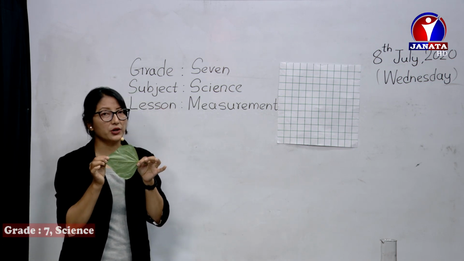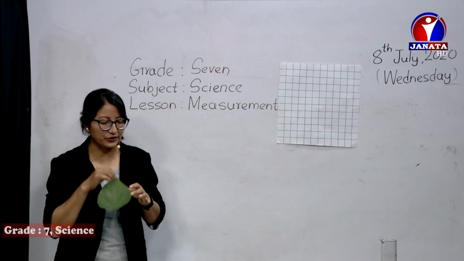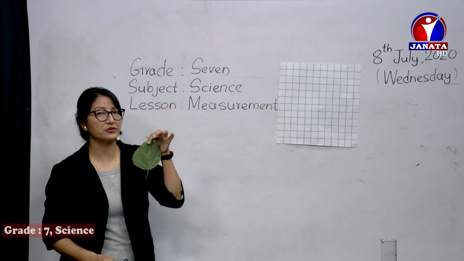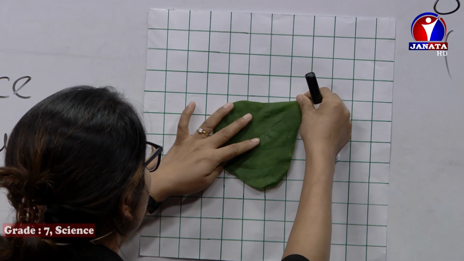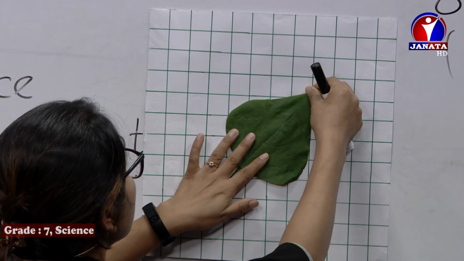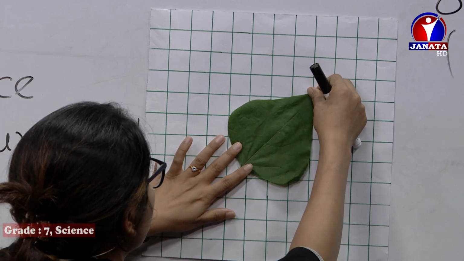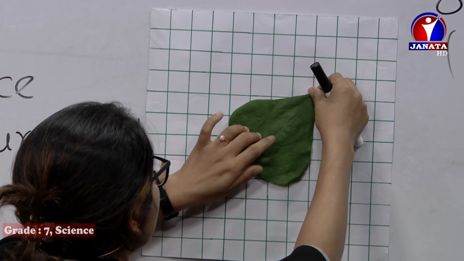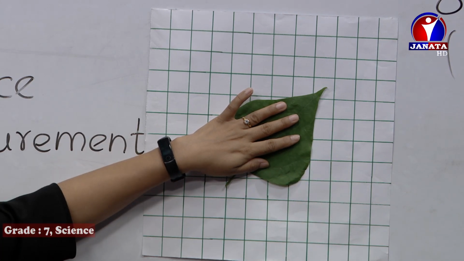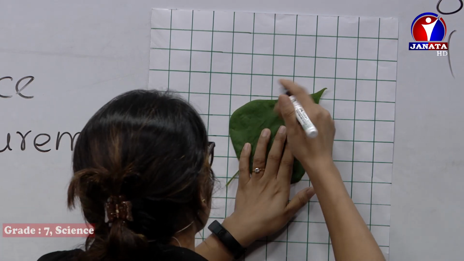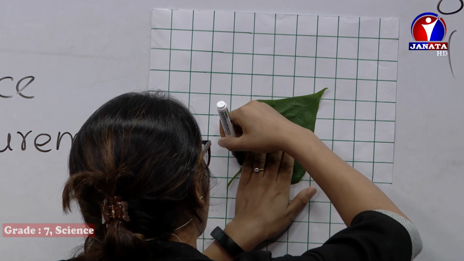Today we are going to calculate the plane surface area of this leaf. So for this, what do we do? First of all, we keep it over the surface of the graph paper, and then we just get its outline. Let me draw the outline of the leaf.